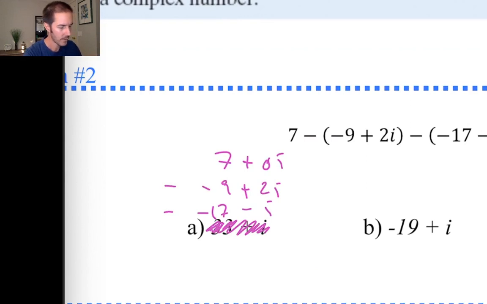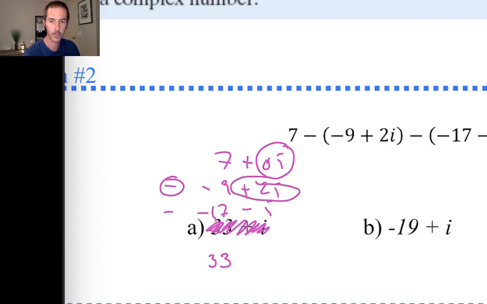What is 7 minus -9? That's like 7 plus 9, which is 16. And then we have another double subtraction down here, so that's going to work like addition. We've got 16 plus 17, which makes 33. Let's look at the imaginary components. We've got 0i, minus positive 2i. 0 minus 2 makes -2.